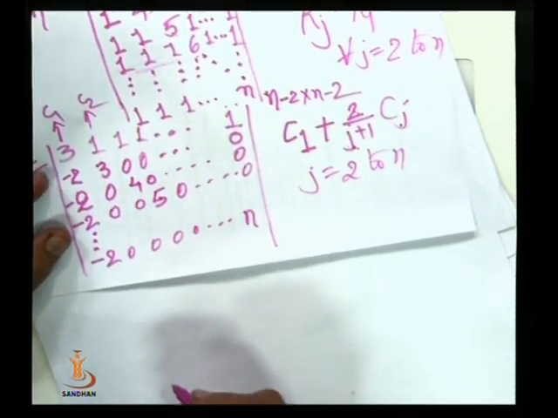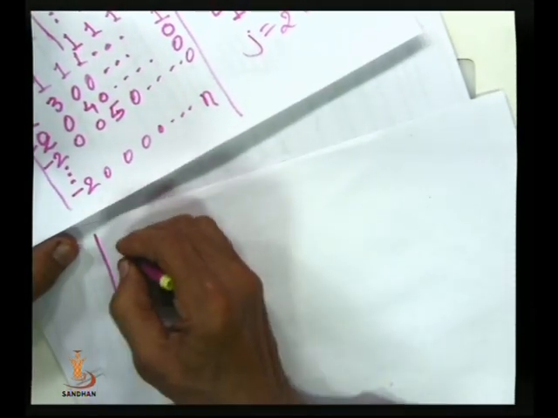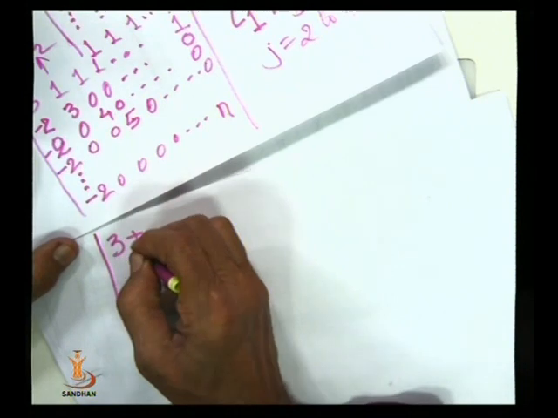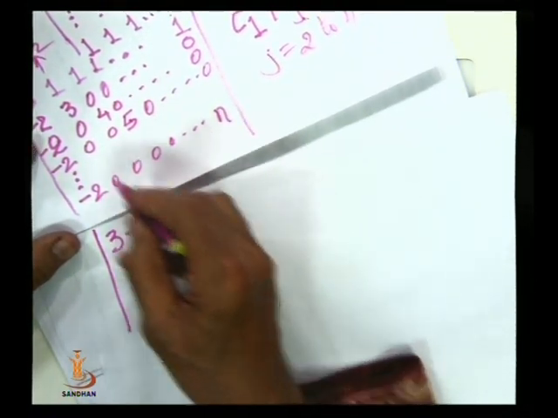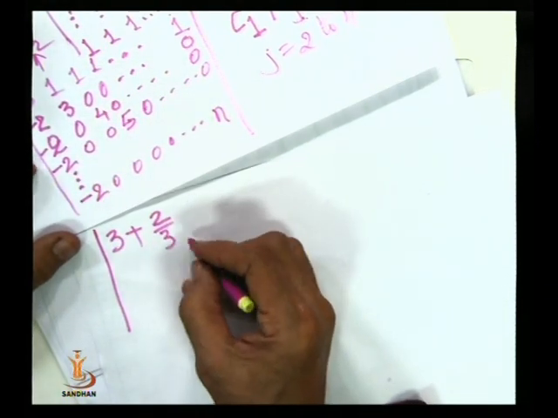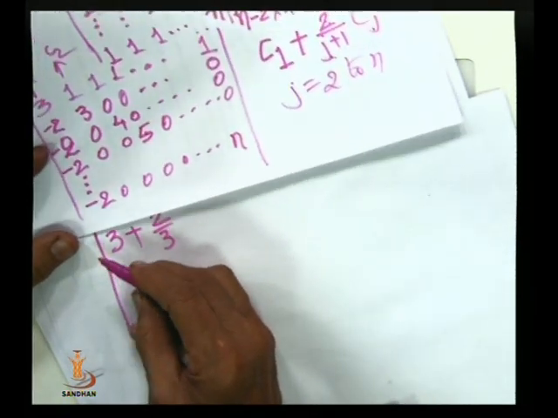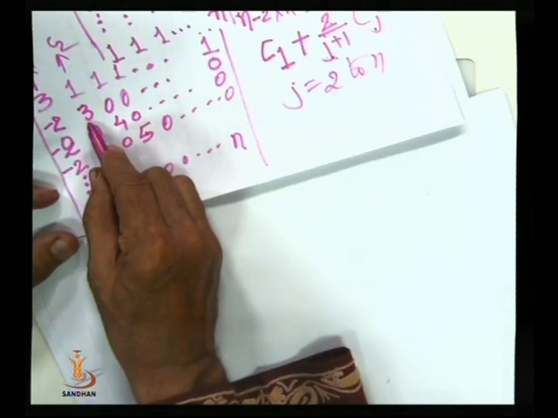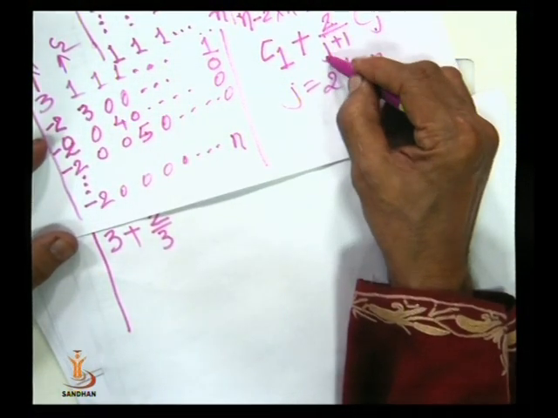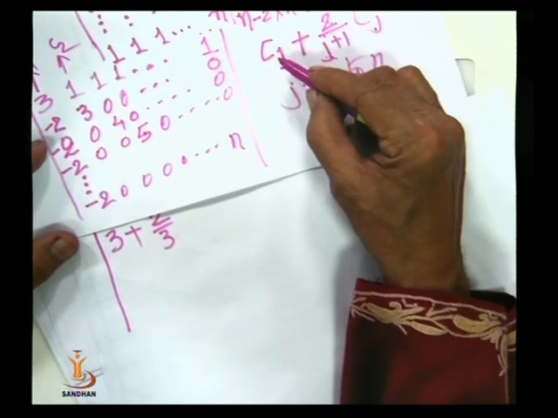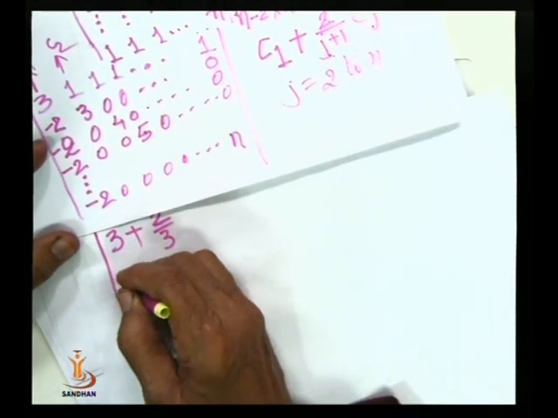Here 3 plus 2 upon 3 times 1 added. Now here what happens? 3 and here 2 upon 3. So 3 cancel. So minus 2 plus 2. So this gets 0.